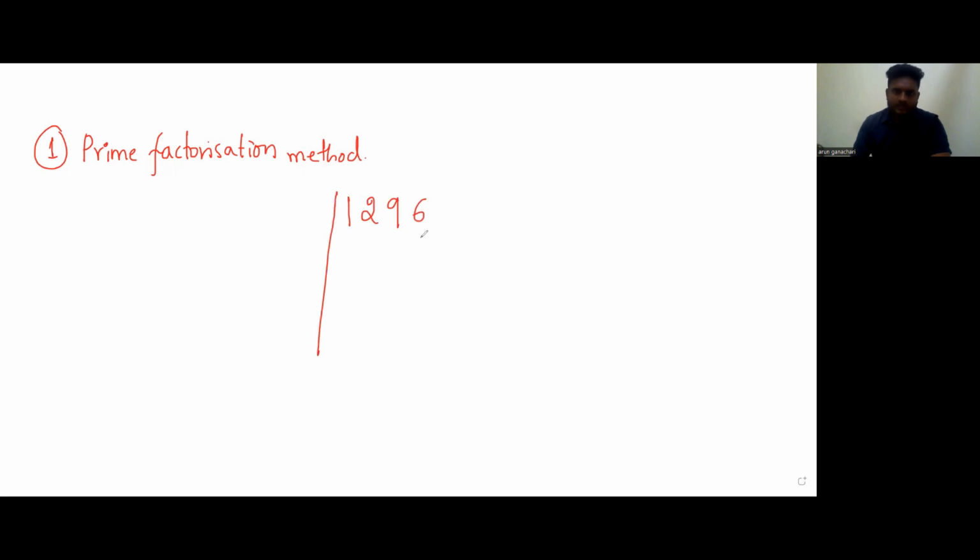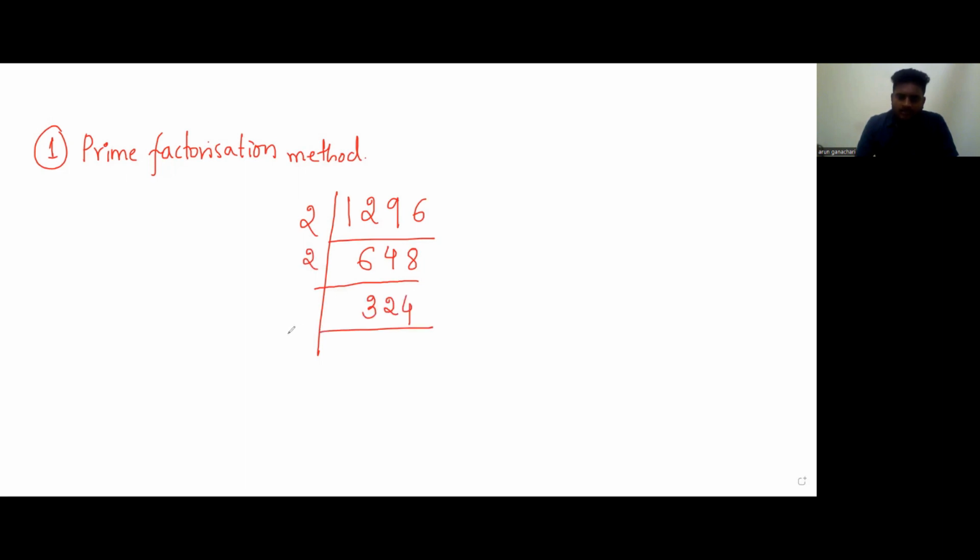I'll start dividing it by 2. What will I get if I divide 1296 by 2? 2 6s are 12, 2 4s are 8 and 1 is left, it will become 16. So it will be 648. What is 648 divided by 2? 324. Yes or no?